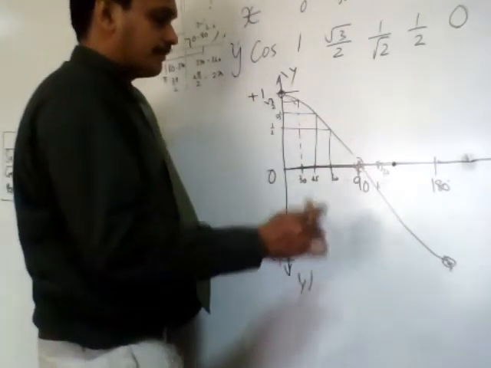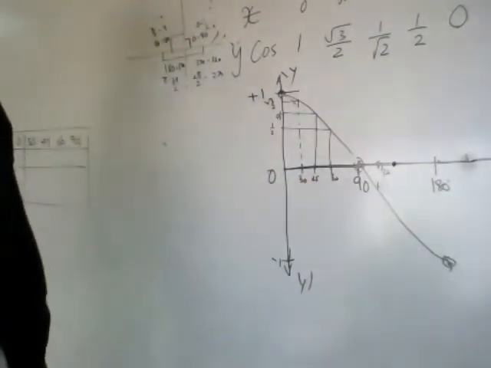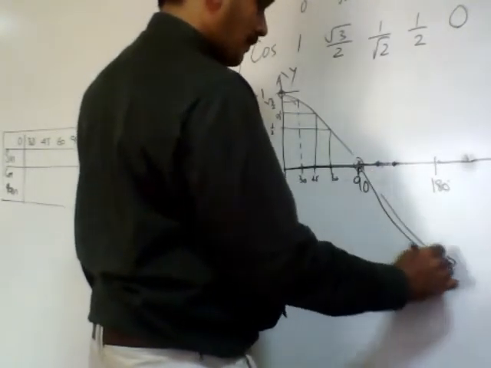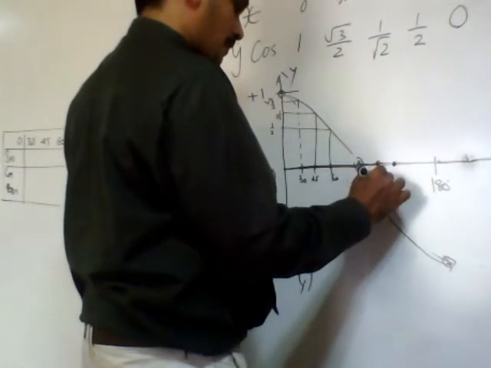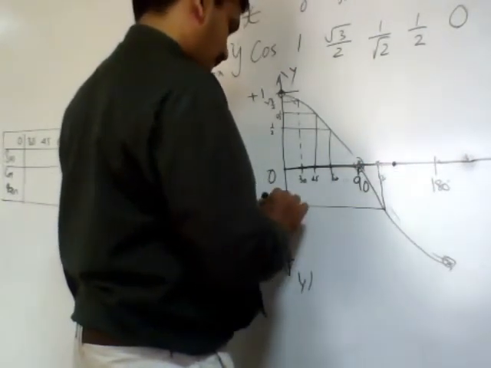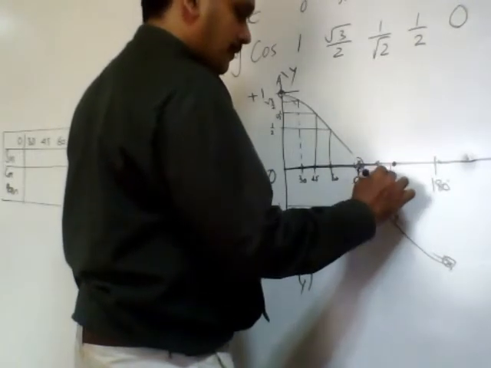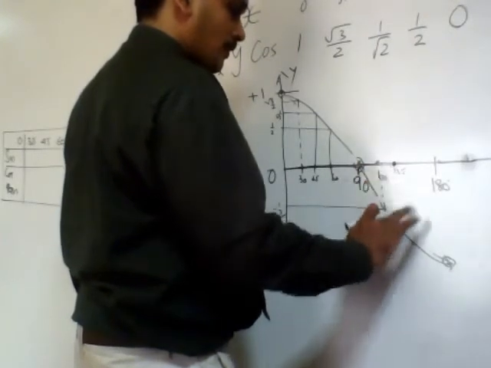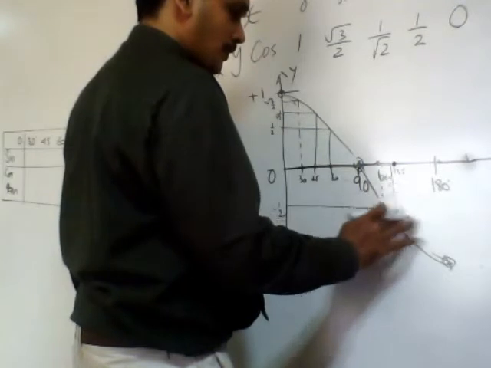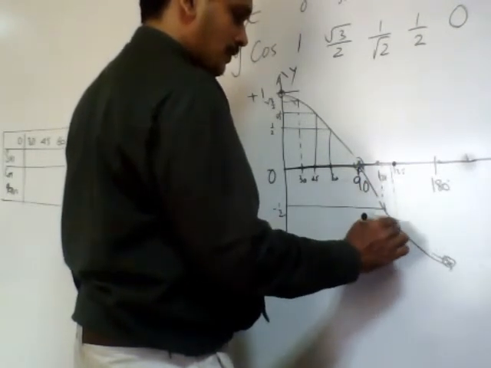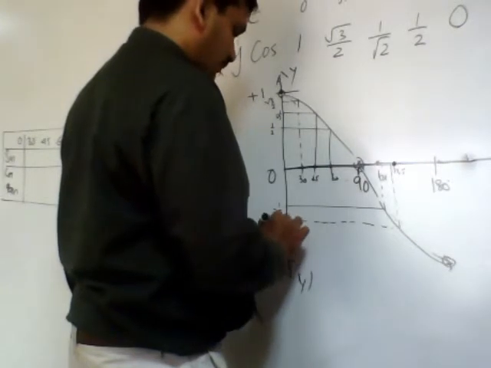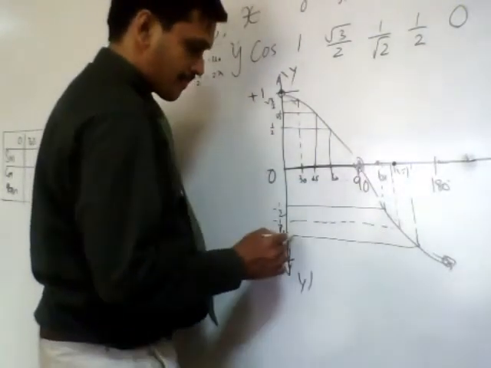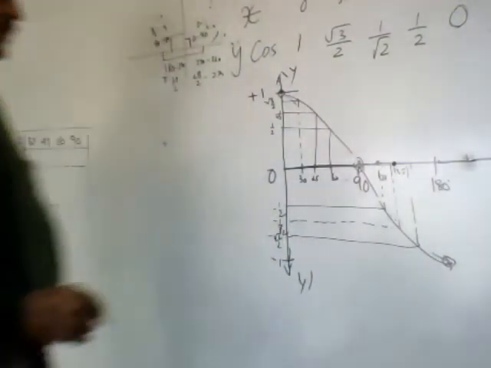It's not a scale diagram. 120 is minus half, 135 is minus 1 by root 2, 150 is minus root 3 by 2.